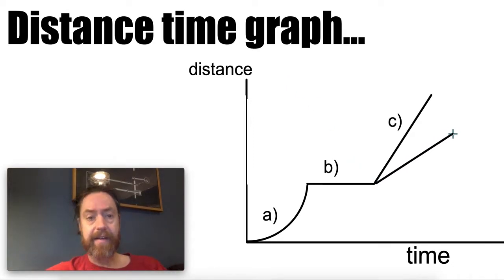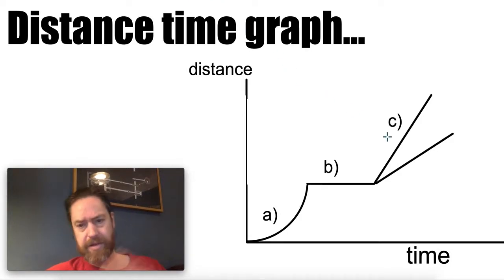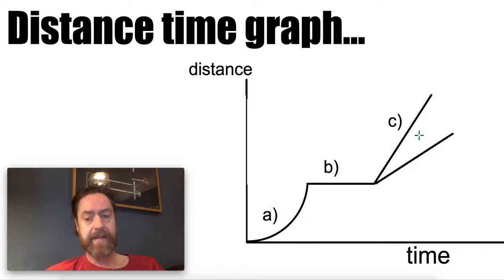Let's say we had a line like this one, and I'm not going to put a letter next to it. This line is also a constant velocity, but slower than this one. So the gradient tells you about the speed, and the steeper it is, the faster it is. But you can't just look at a line without any numbers on the graph and actually say it's fast or not. These could be two very slow things. It's just that this line is slightly faster than that one.